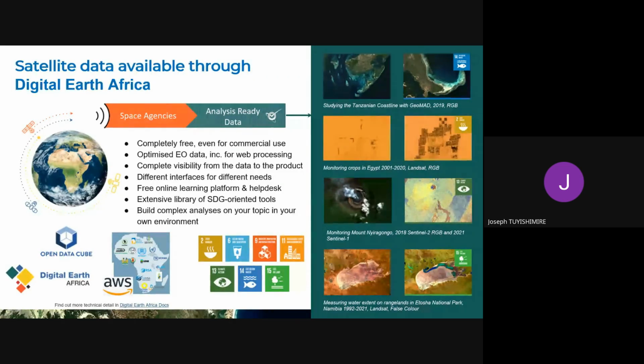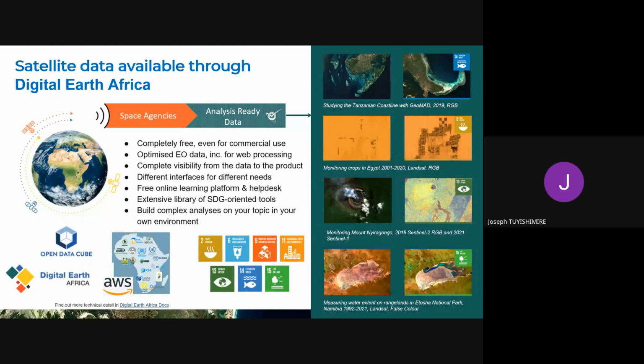Everything is free, co-developed, validated, and disseminated in collaboration with our partners. We thank different space agencies, especially the USGS and the ESA, for providing access to free data that we process and host in analysis-ready format.